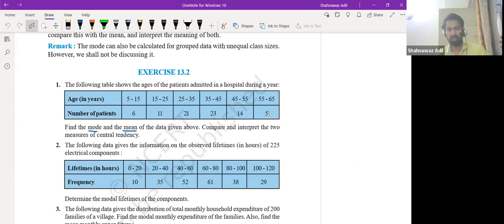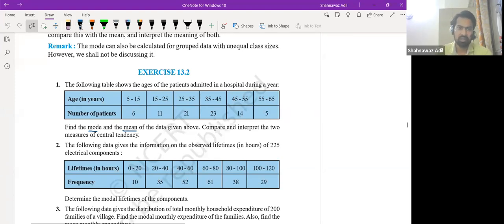Because for mean, you have to add up all those frequencies, right? Right, Rifa? And for the median also, you have to add up those frequencies. So all the frequencies are involved in the calculation. But in the case of mode, only three frequencies would be involved.